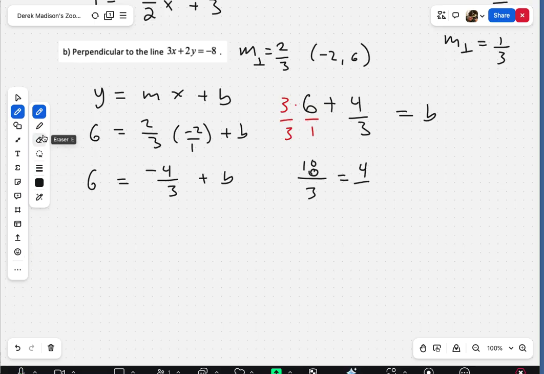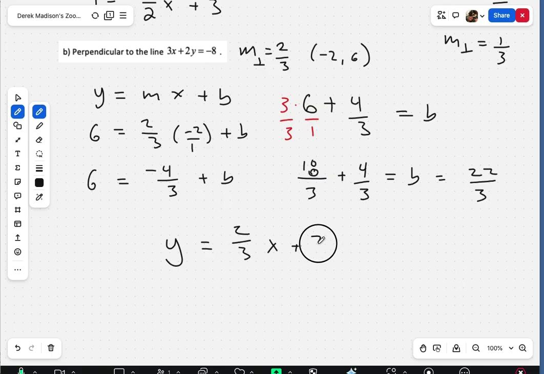Oops, messed up there. So 18/3 plus 4/3 equals b, 18 and 4, and that would be 22/3 would be b. So y equals our slope 2/3 x plus 22 over 3.